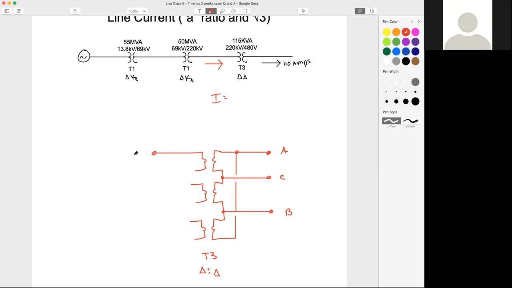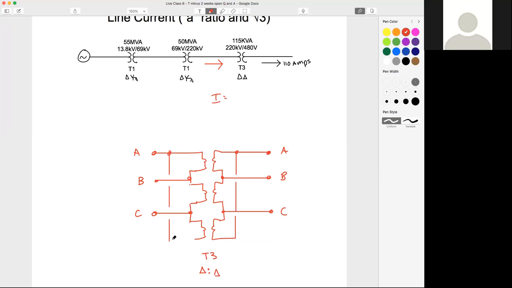So then here's our A. Here's, hang on, you guys let me draw that funny. I didn't even notice I did that. How did I get C there? Doesn't matter, but A, B, and C. All right, here's our B. Here's our C. And last, we'll connect them all together to finish that delta.